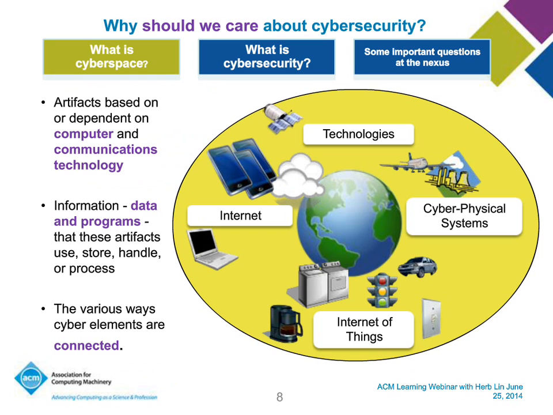Of course, there's photonics involved, but never mind that for the moment. And then the information, data, and programs that these artifacts use, store, handle, and process. And of course, an important part of cyberspace is how all of these elements are connected. So it's hardware, software, and the interconnections between them.